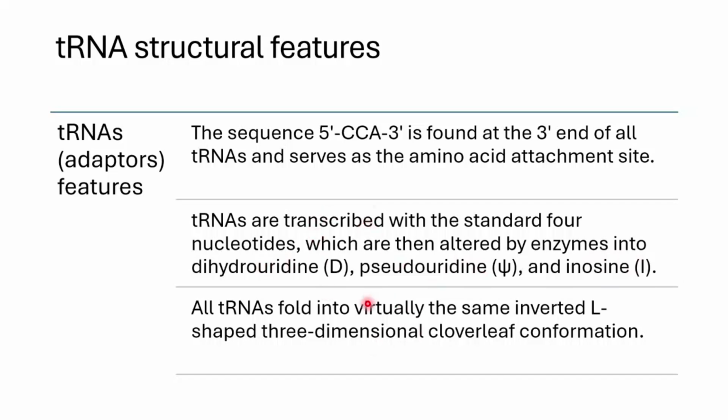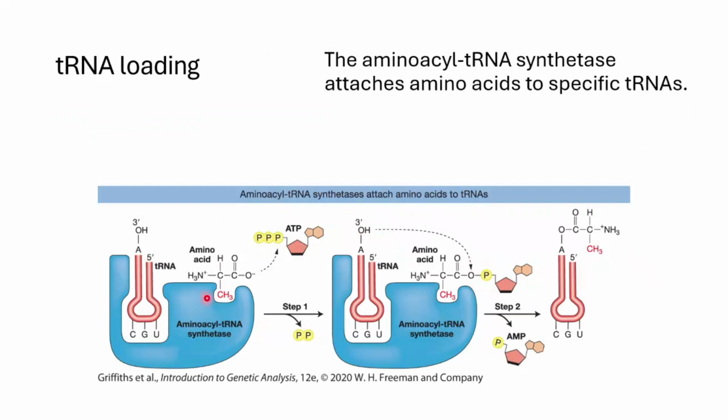All the tRNAs, almost all, have this inverted L-shaped clover leaf formation. Another structural feature that is important for tRNAs is that they have these nucleotides on the side close to the anticodon that allow it to interact with the aminoacyl tRNA synthetase.